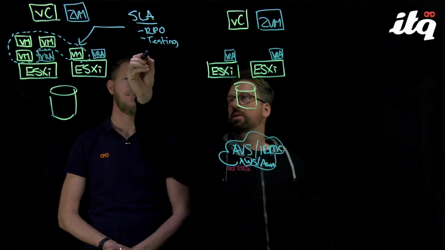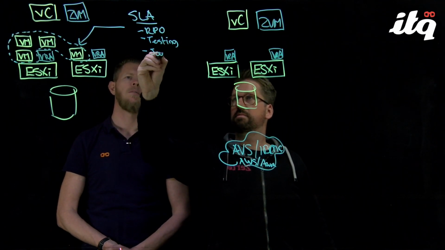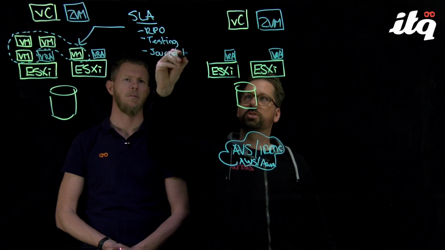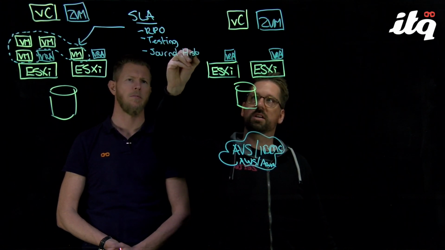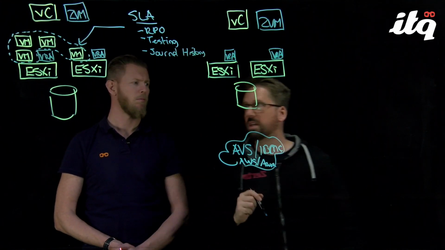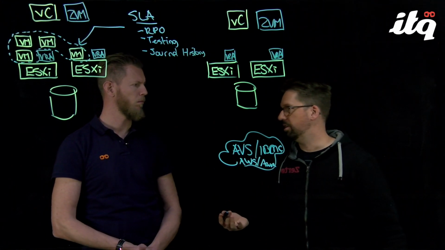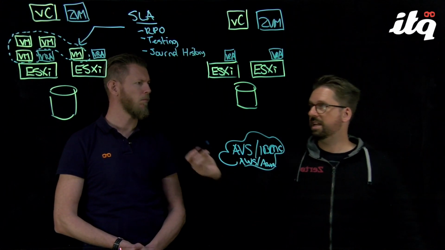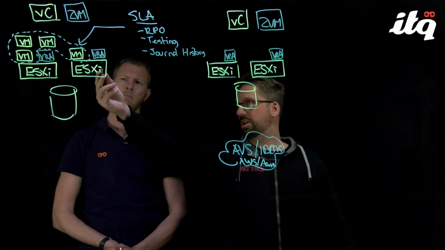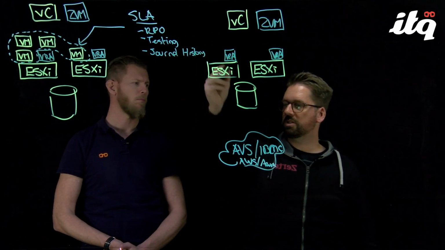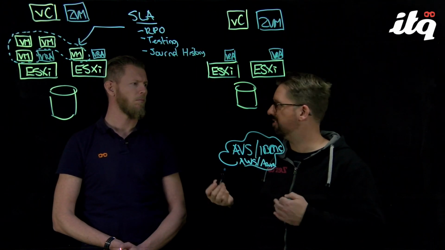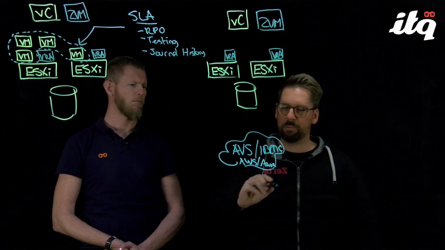But also, journal history. Now, what's journal history? That's actually a quite interesting one. We use journal technology. That means that every single time a VM generates an I/O, we replicate it to the target site. We don't place it directly into a replica, but we place it into a journal.